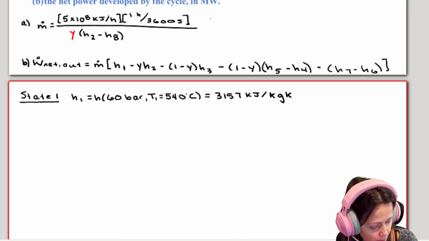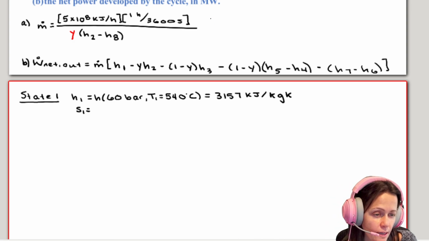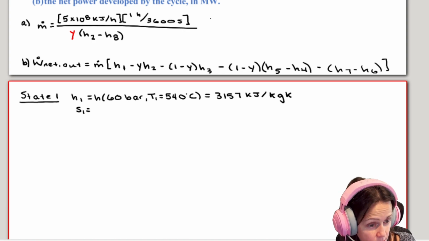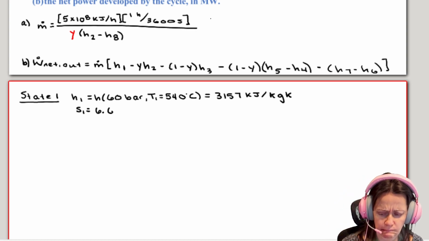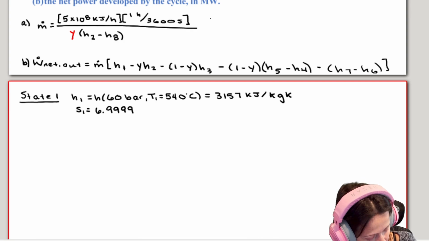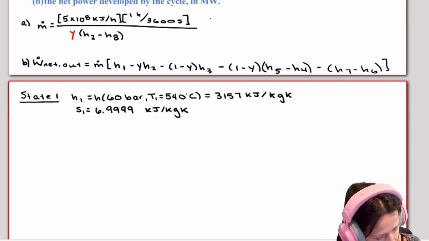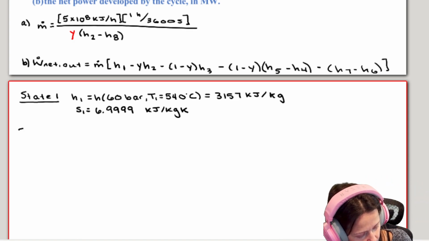Okay. And then of course I need to get my S1 value. So this guy is 6.9994 kilojoules per kilogram K. I realized that I put a K on the enthalpy units, and that definitely doesn't need to be there. So, all right.